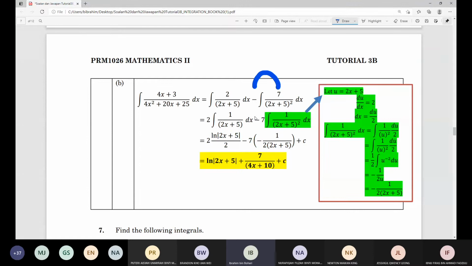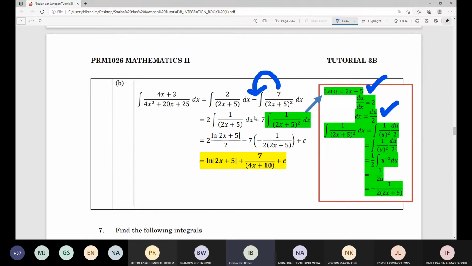So you move out the constant, negative 7, times 1 over (2x plus 5) squared. Let u equal 2x plus 5. Then du over dx equals 2, and dx equals du over 2. Write the integrand in terms of u: 1 over u squared times du over 2.